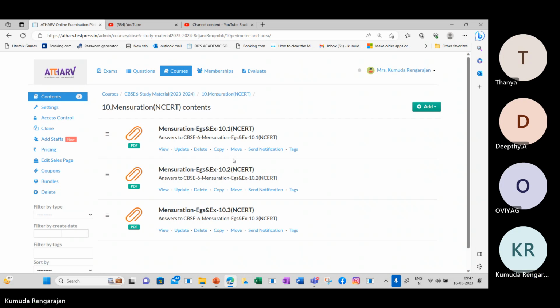Tanya, Ovia, Deepti. Ma'am, your screen is stuck. Stuck? For all of you? Ma'am, your voice is also stuck, and your screen is also stuck. Oh, really? Let me unshare.